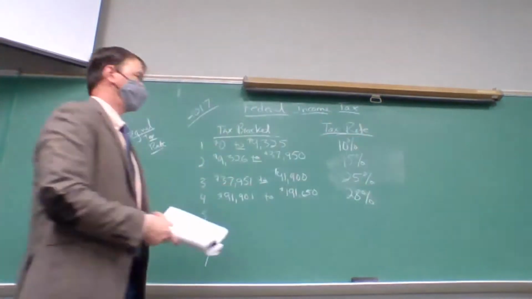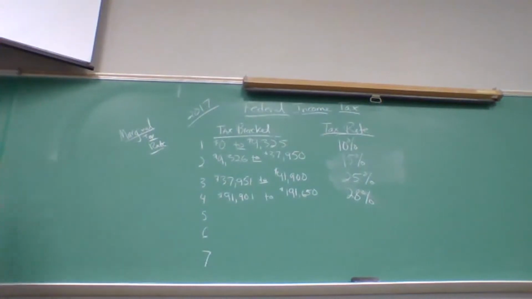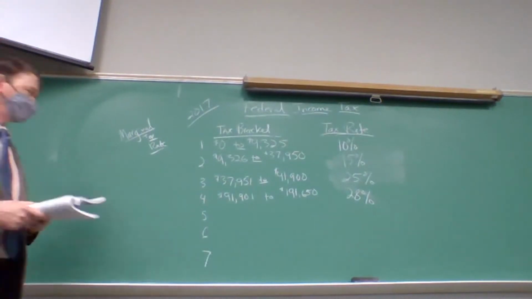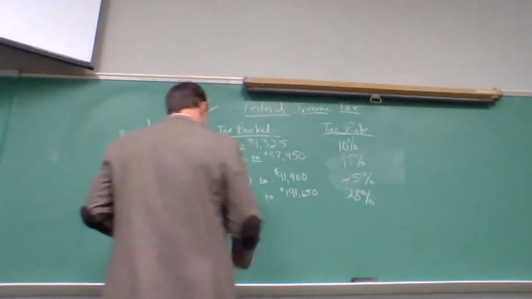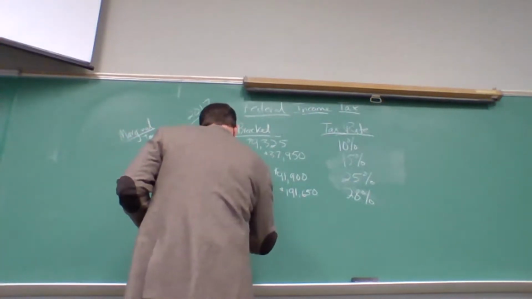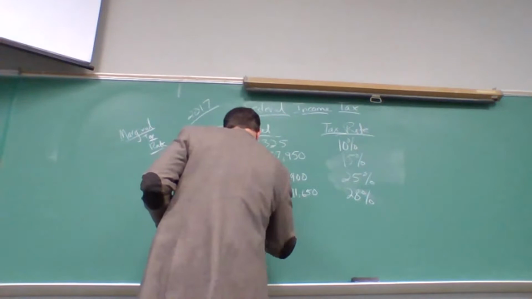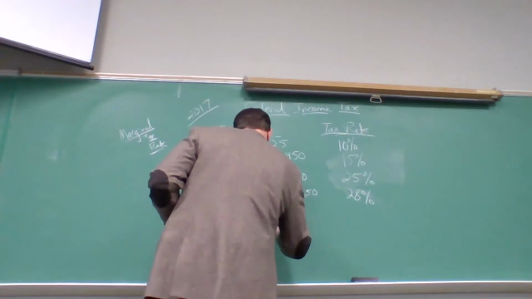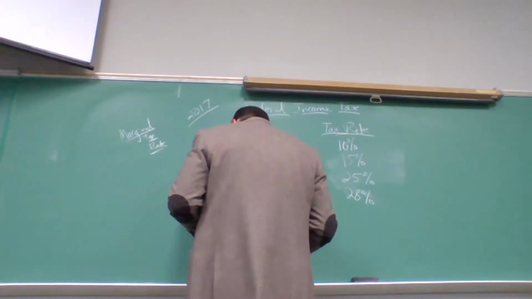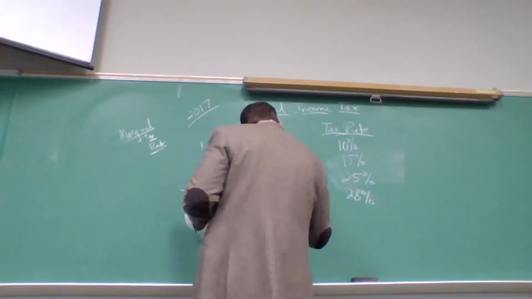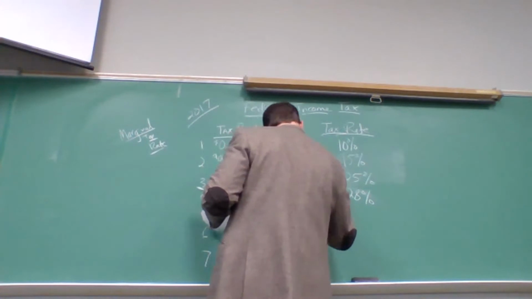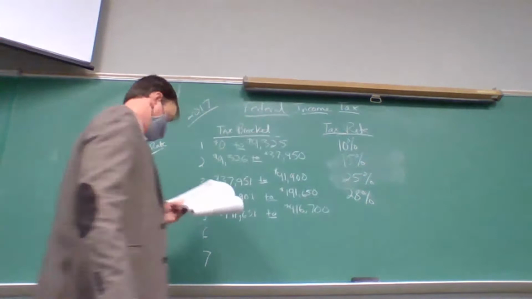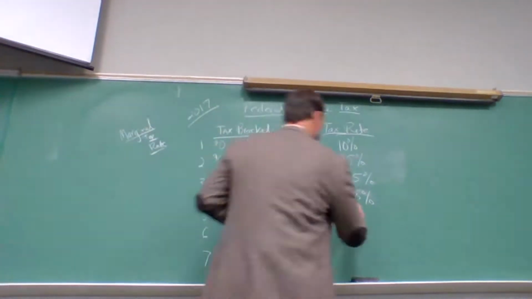What's happening as the income goes up? Tax rate's going up, yeah. 191,651 to, oh, let's see here, 416,700. You're looking at 33%.